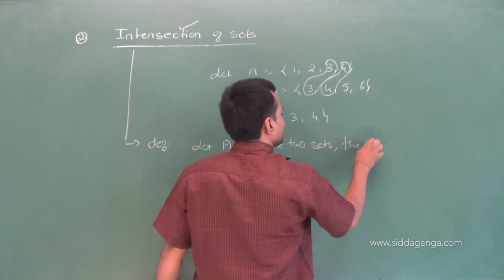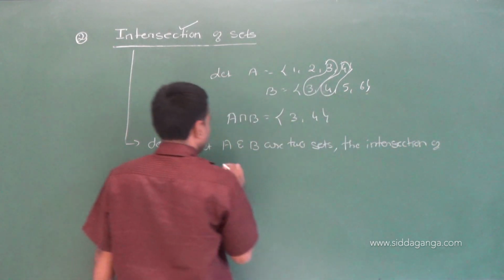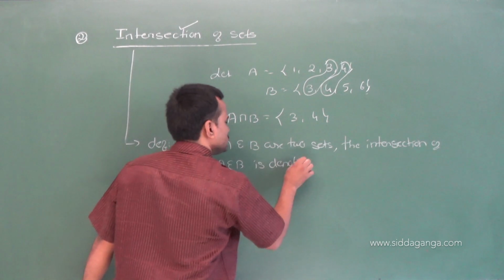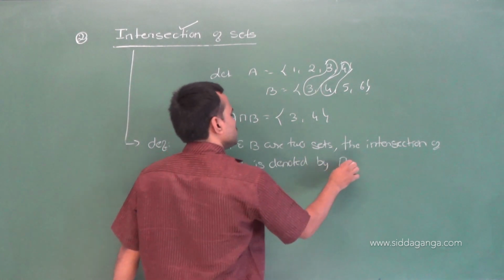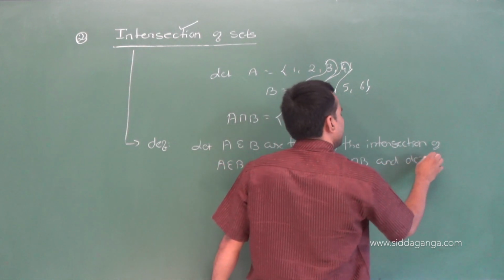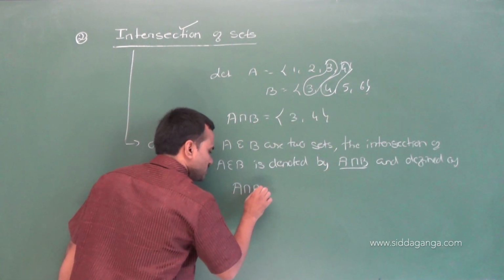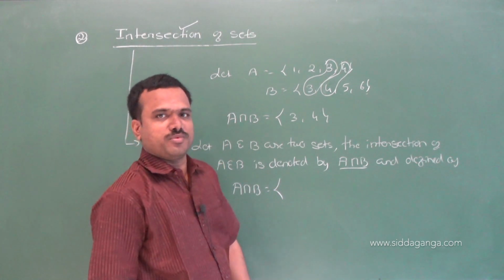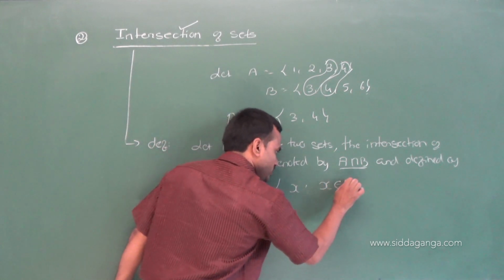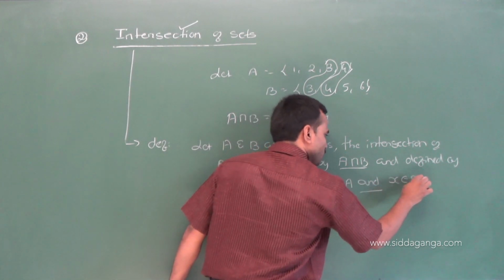The intersection of A and B is denoted by A ∩ B and defined as A ∩ B equals, written in set builder form, {x such that x belongs to A and, very important, x belongs to B}.